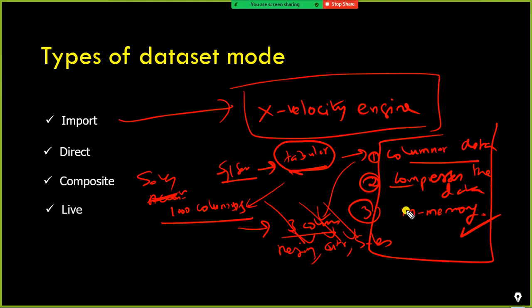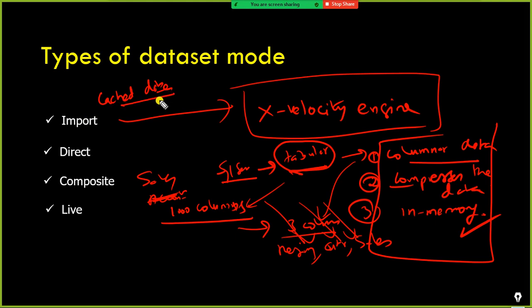Since the data is available in memory, it is cached data. Import is also called cached data. The simple analogy is, if I ask you your spouse's contact number, you have it on top of your memory.